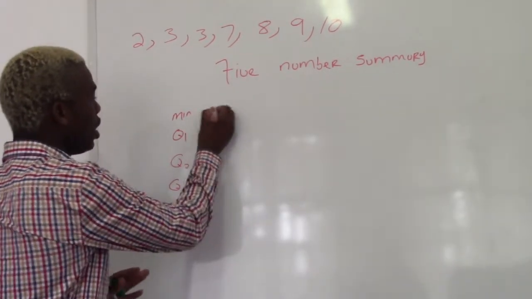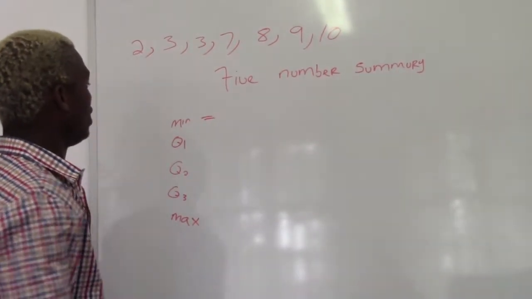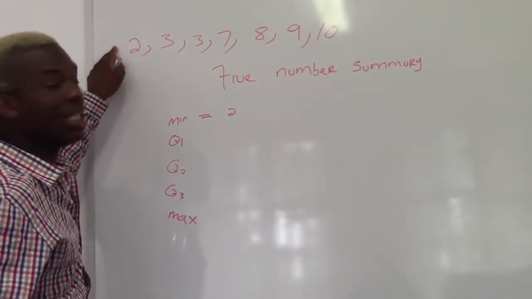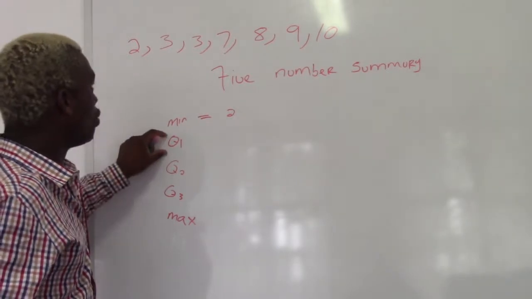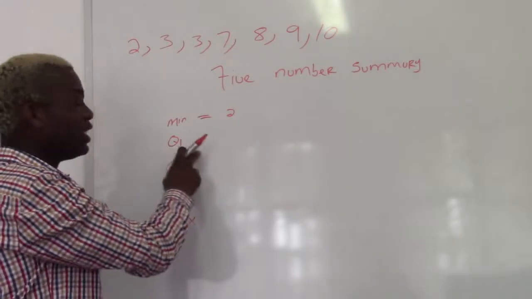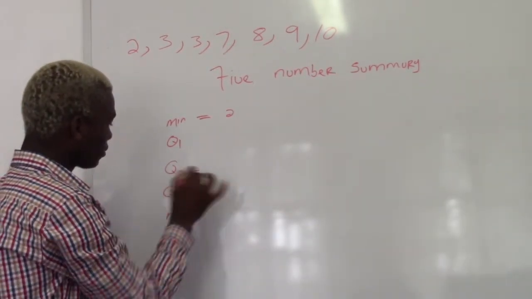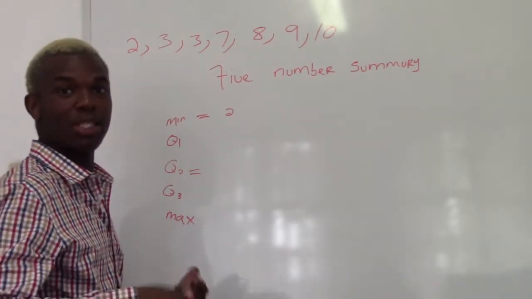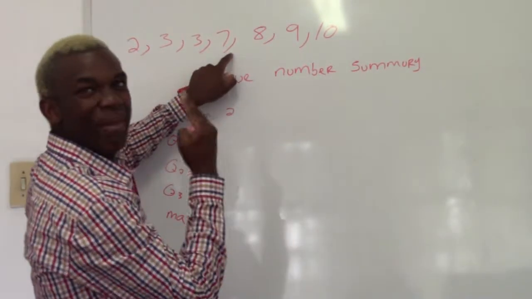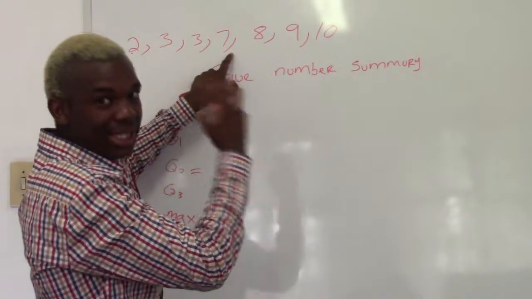So as you can see from the given data, the minimum value is 2. For Q1, before indicating Q1, we have to first indicate Q2. When determining Q2, we go back to our data set and try to find the middle number of our data set.